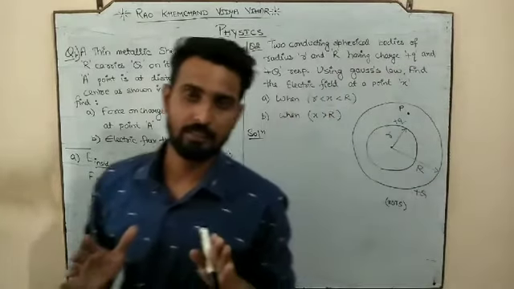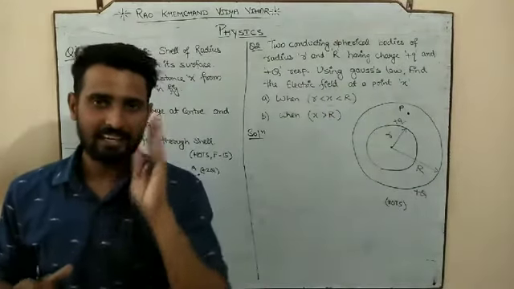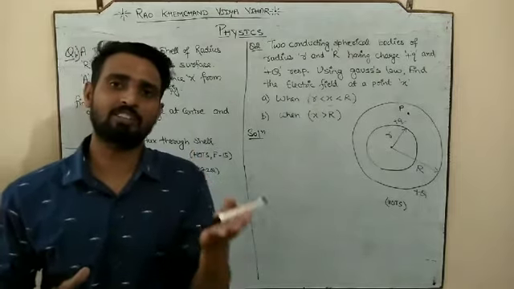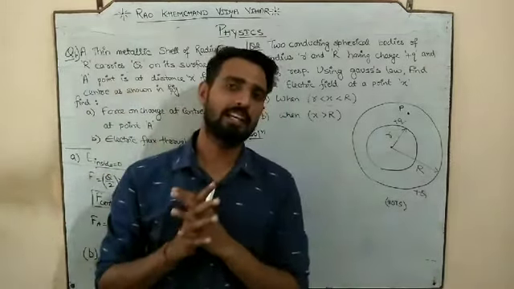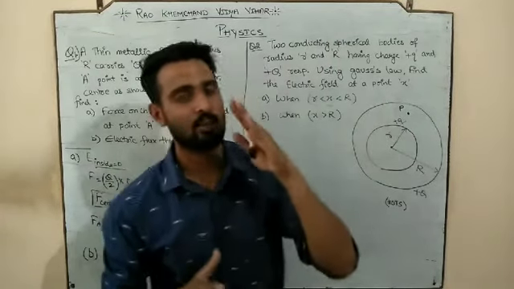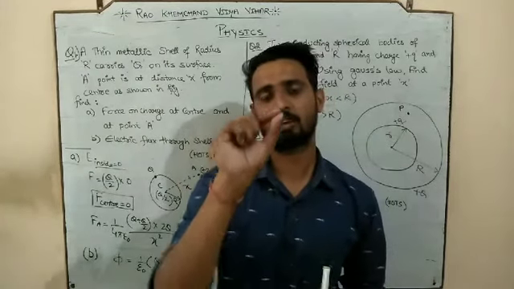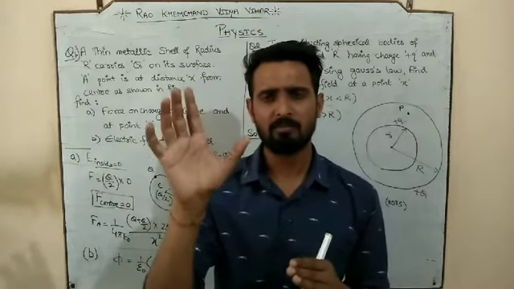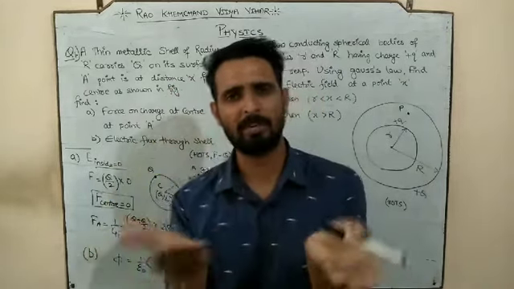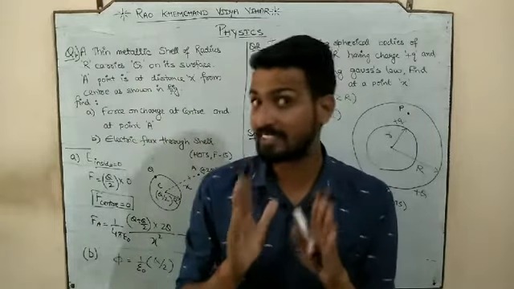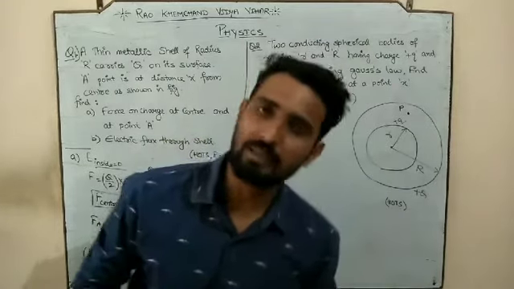I mentioned that there is a numerical जो आपको derivation की तरह करनी है. If you revise that derivation, we calculated the electric field at a distance when it is greater than capital R, equal to capital R or less than capital R. We have done that. So we have to do the same procedure.